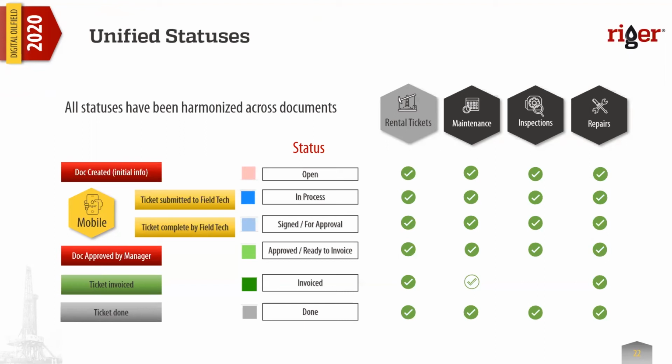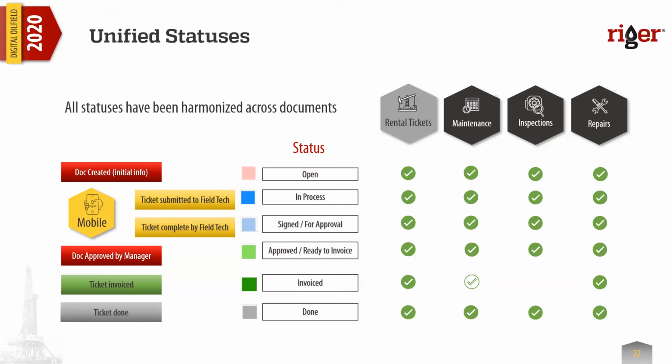Then the next status available to the service manager or operations manager in the desktop application is approved, ready to invoice. Next, it can be invoiced, and then we complete the ticket and set it as done.